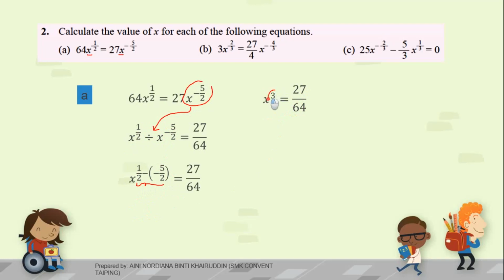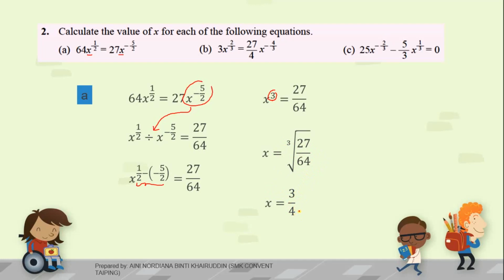X cubed here, bring to the right hand side, become cube root of 27 over 64. This one you can use your calculator, and then we get x equals 3 over 4. Cube root of 27 is 3. Cube root of 64 is 4. So 3 over 4 is the answer.